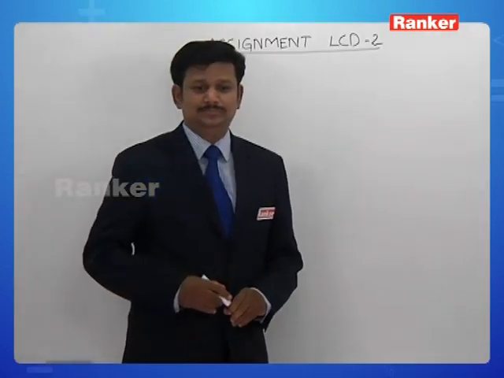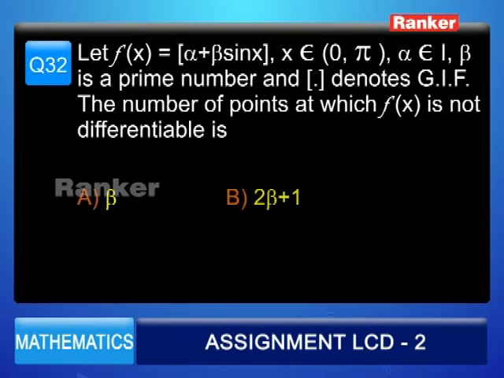Next question: let f of x be equal to the integral part of alpha plus beta sin x, where x belongs to 0 to pi, alpha is an integer, and beta is a prime number, and we need to find the number of points at which f of x is not differentiable.